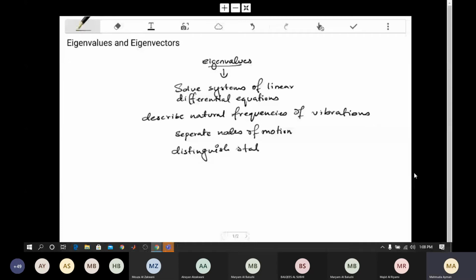And much more. So just what are eigenvalues exactly?